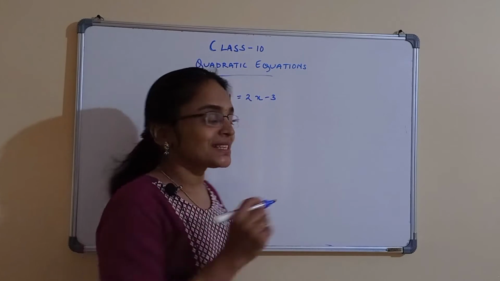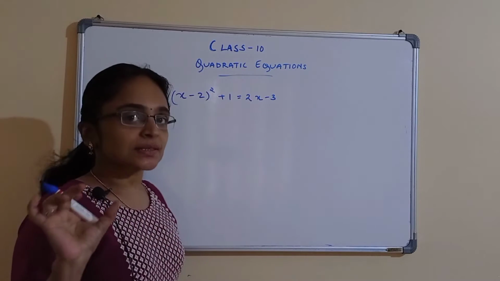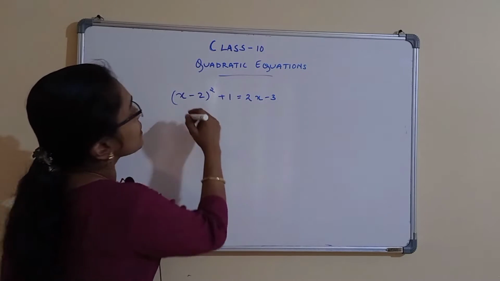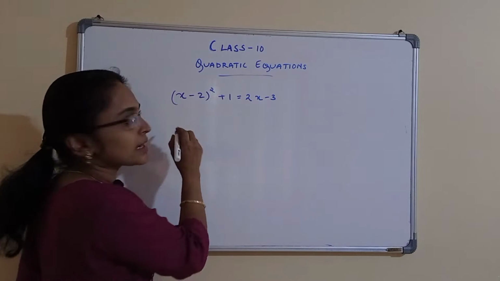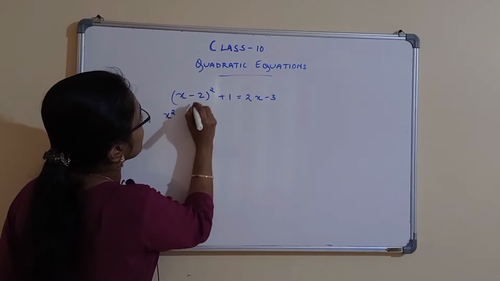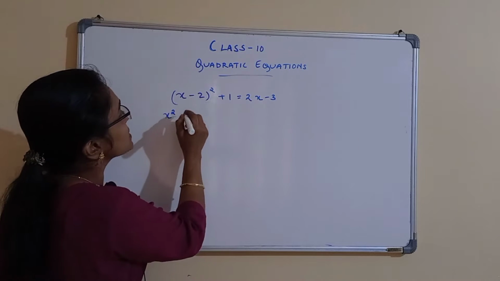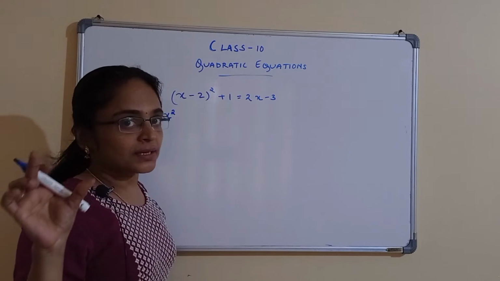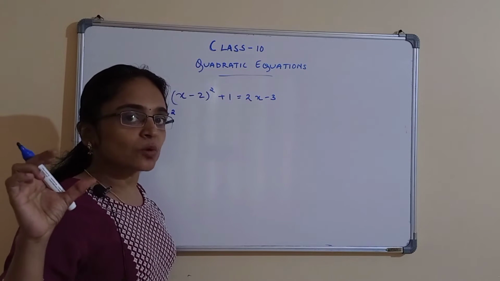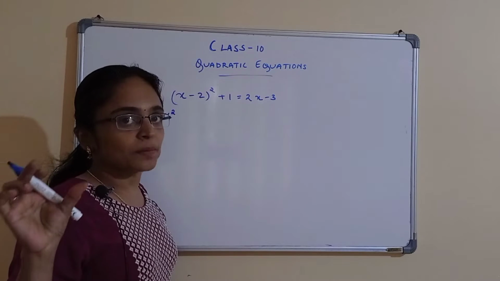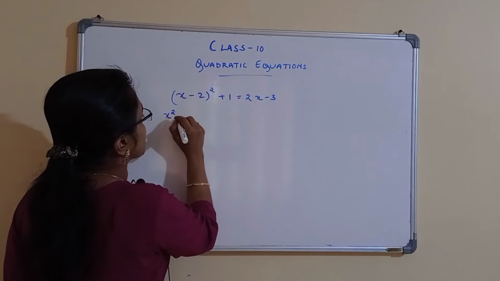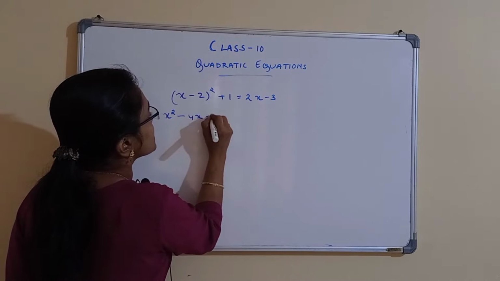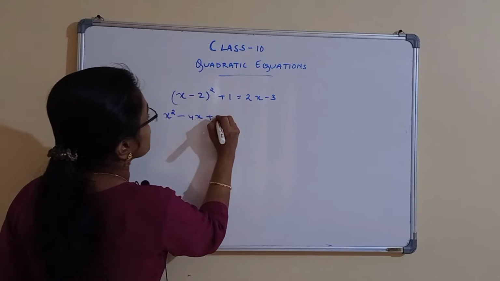Okay, first question is check whether this equation is quadratic. So, we can solve this by expanding this. Left hand side is x square, x minus 2 the whole square is, it is of the form a minus b the whole square. A minus b the whole square is a square minus 2ab plus b square. So x square minus 2 into 2x, that is 4x, plus 2 square, that is 4.